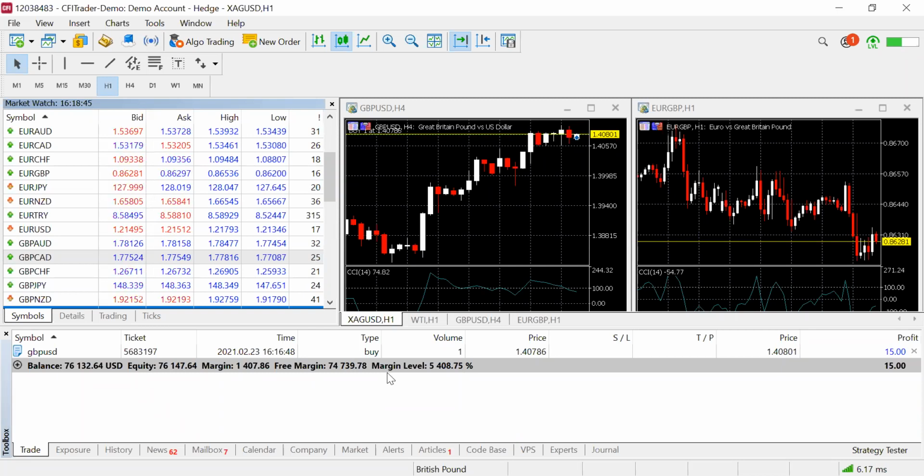And essentially, margin level is a percentage value based on the amount of equity versus the used margin.